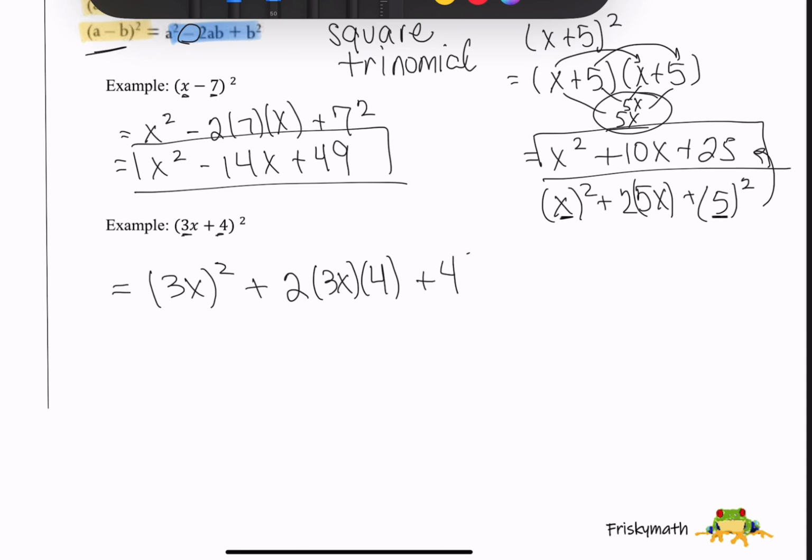So positive 4 squared. Now, what is (3x) squared? Because I have a product here, everything gets squared. The 3 gets squared, the x gets squared, so 3 squared times x squared, which is just 9x squared. I'm going to write it like that.